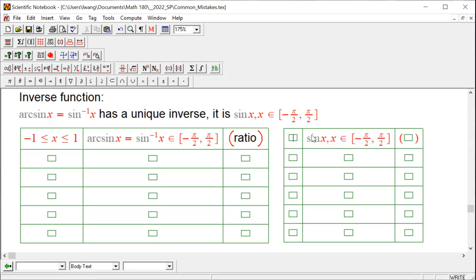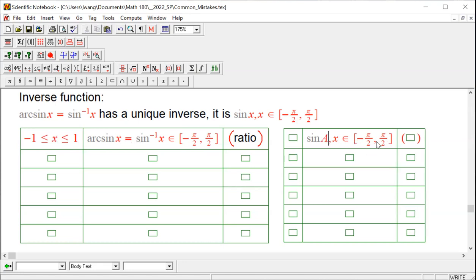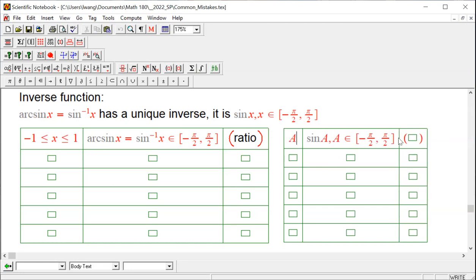The input for this one, even though it's called x, and this x are totally different. This x is an angle and this x will be considered a ratio. That's why I've been using A, because it doesn't matter which symbol you use; symbols are just placeholders. So angle produces ratio.